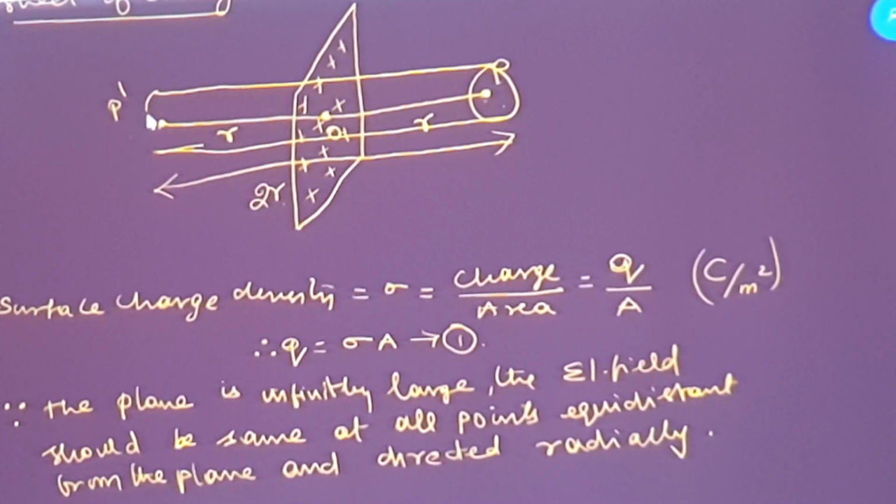So I have considered a cylinder as a Gaussian surface of length 2r and area A enclosing the points P and P dash. At these two ends you have flat surfaces, and the cylinder passes through the midpoint perpendicular to the plane sheet.